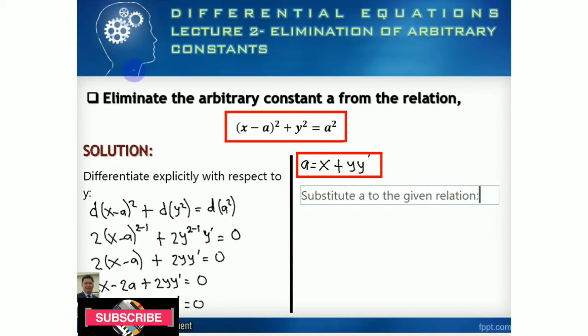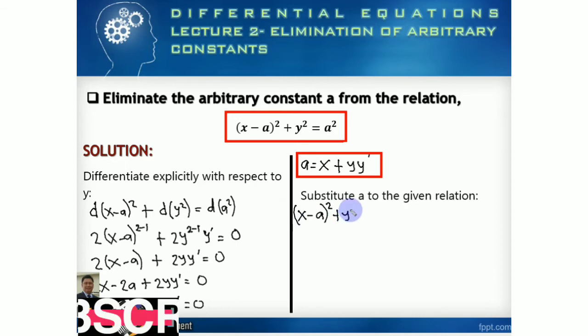So we have (x minus a) quantity raised to the power of 2 plus y squared is equal to a squared.